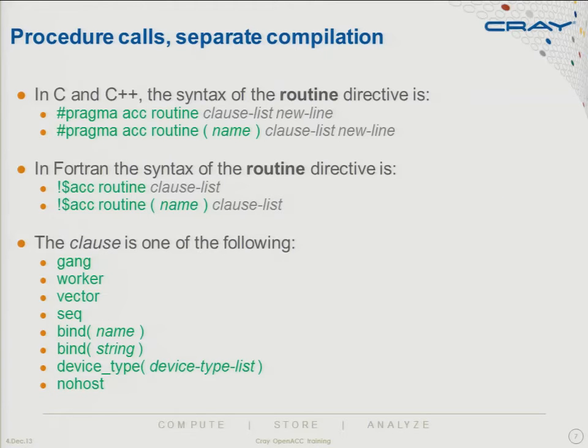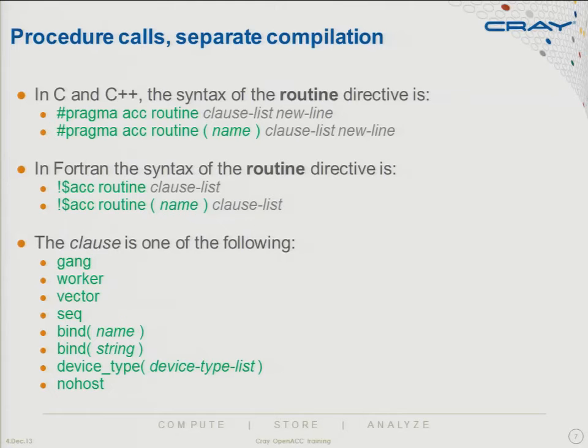So the idea of the routine directive is that you can provide a way of giving a routine that's somewhere else and saying it's already on the GPU, and controlling the scheduling, so that, you know, this routine should only be scheduled at the vector level because it will be called from another loop that's scheduled at the gang level. Routine gives you a way of controlling this scheduling.